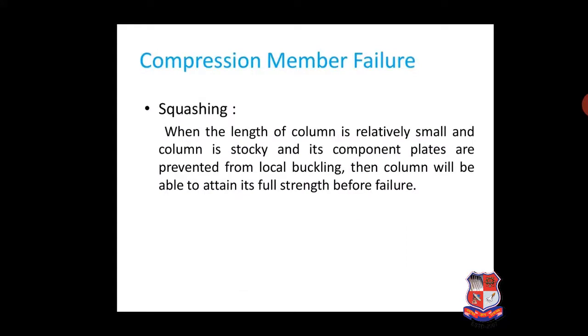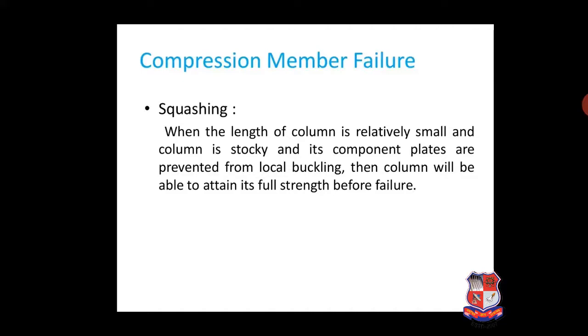Third one is squeezing. When the length of the column is relatively small and the column is stocky, and its component plates prevent local buckling, the column will be able to attain the full strength of failure. So it is called squeezing. So what is squeeze load?